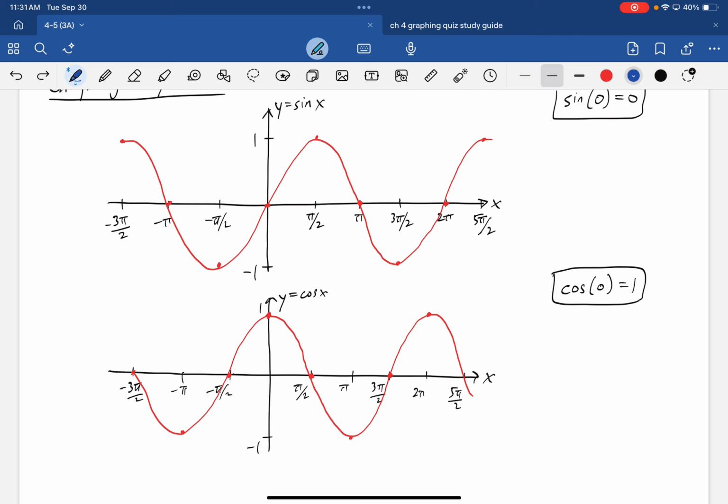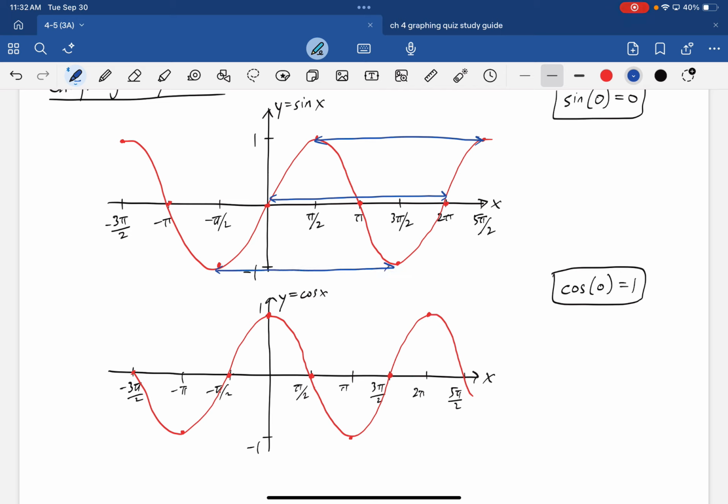The period of both sine and cosine is 2 pi, right? A period is just the length over which it repeats. So in this case, the period would be 2 pi for both of them. You can think of it as the distance between the crests, the peaks, or also the distance between the troughs.